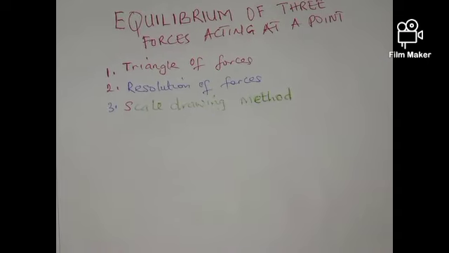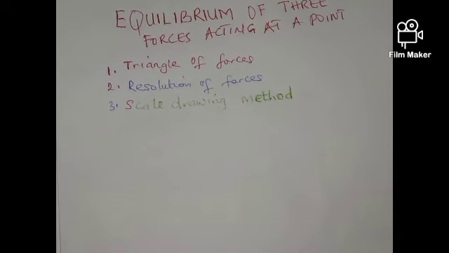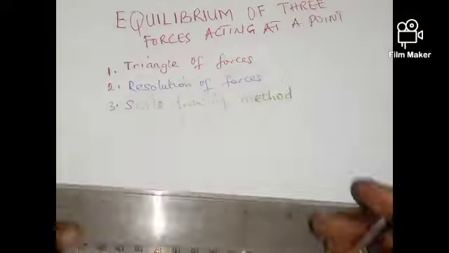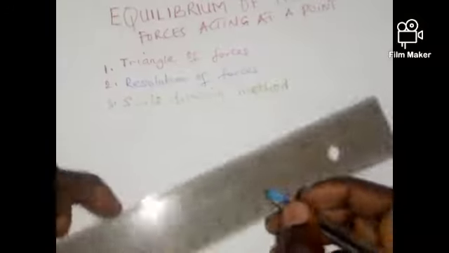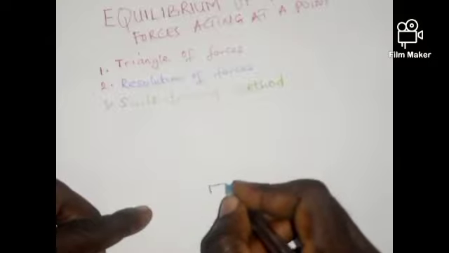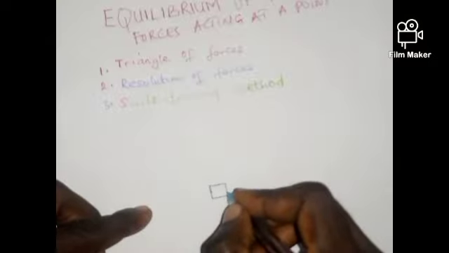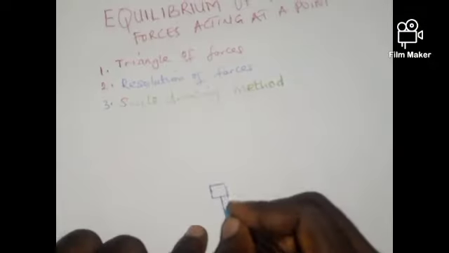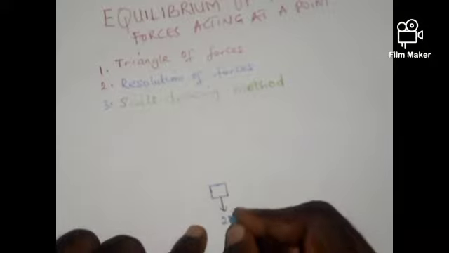So the mass of the object is 2.0 kilogram. First of all, let me draw this. I'm going to draw an object, using a simple diagram like this. So the mass is 2 kilogram. The weight of the object is going to be 2 times 10, that is 20 Newton.